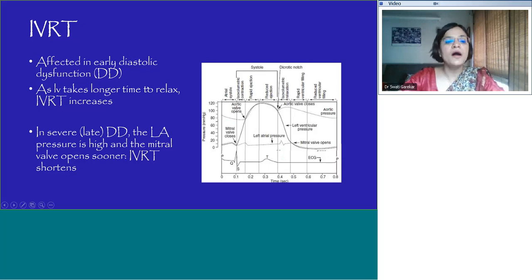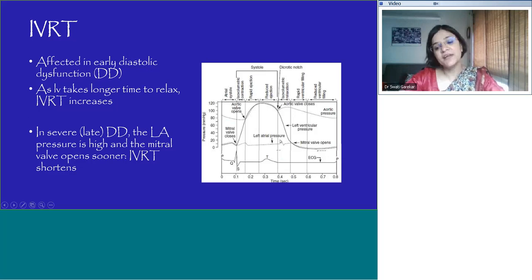So the IVRT has a normal cutoff, obviously, and if your relaxation is impacted, the IVRT will be impacted. If it's taking longer to relax, the IVRT increases.